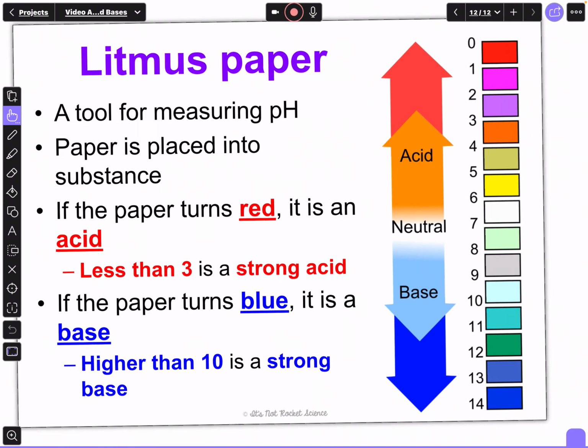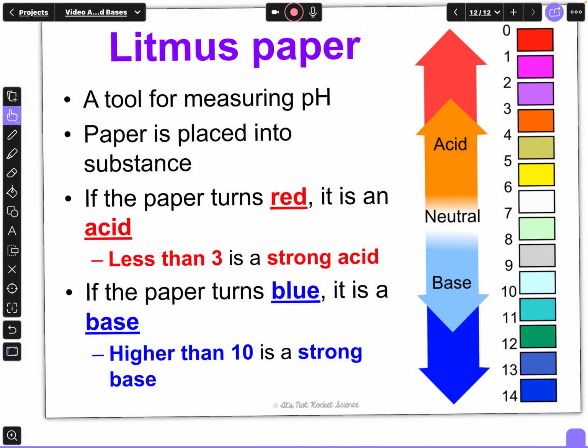Now, litmus paper is a tool for measuring pH. You probably used this at some point in one of your science classes in the past. The paper is placed into the substance, and if the paper turns red, you have an acid. And like I said, less than 3 is a strong acid.